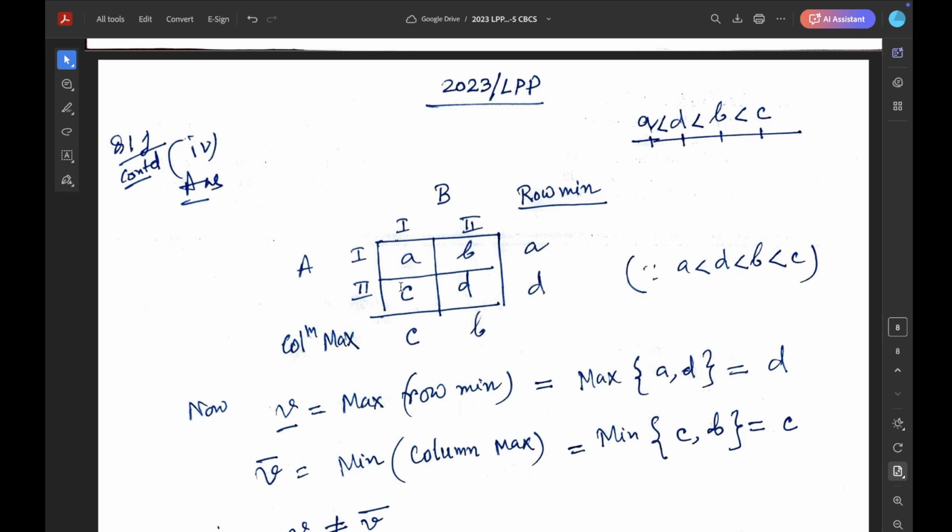For the first column, A and C, C is greater, so C is the column maximum.